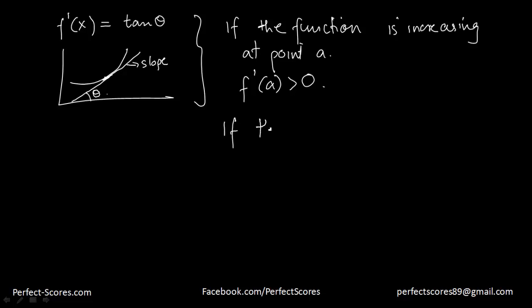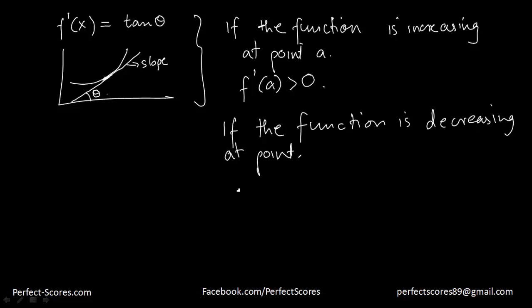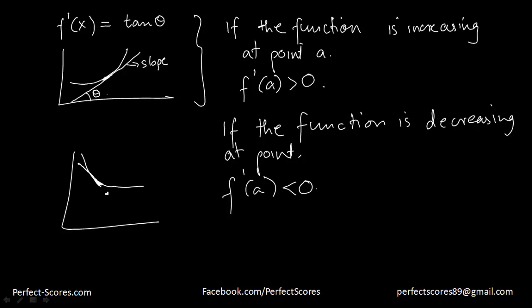And if the function is decreasing at point A, then the derivative of that function is going to be less than 0. If this is a decreasing function, at this point the function is decreasing, so the slope of this line is going to be negative.